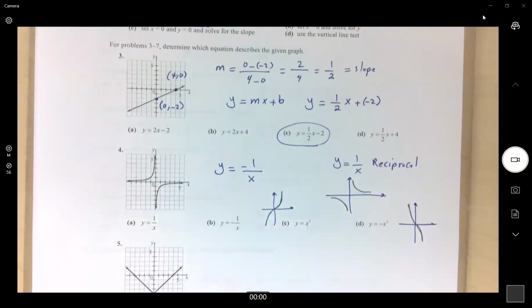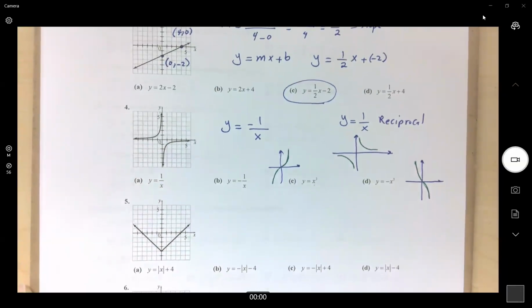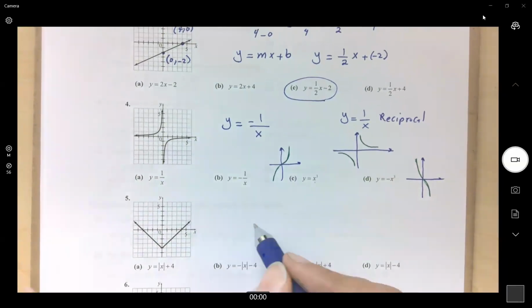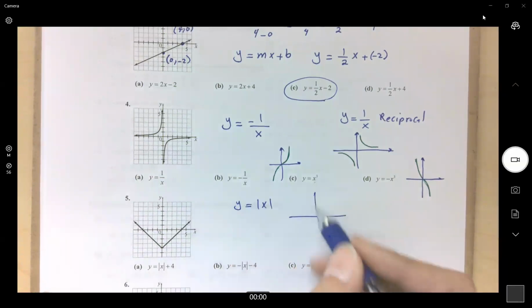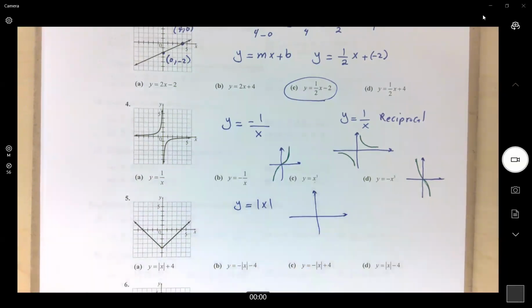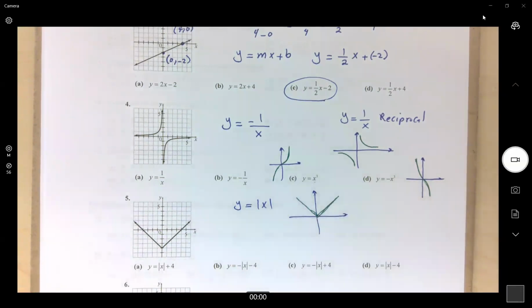Your next graph is the absolute value shifted 4 units downward. So remember that if you have y equals the absolute value of x, the graph was a V-shaped graph. All right, here's this graph. Now take a look at this graph. Your y value is shifted 1, 2, 3, 4 units downward.